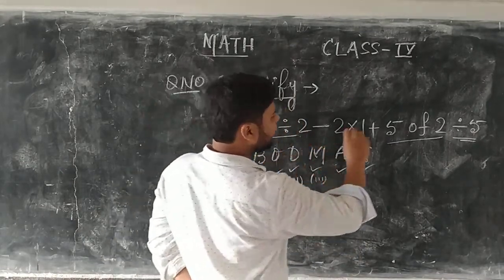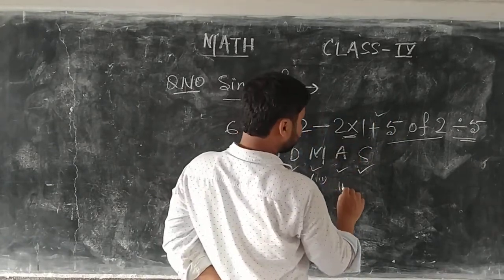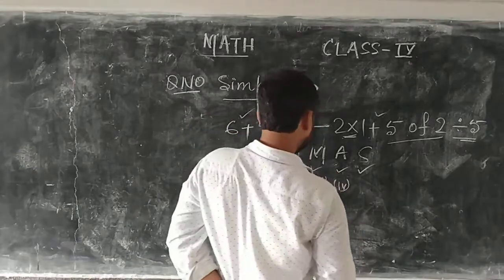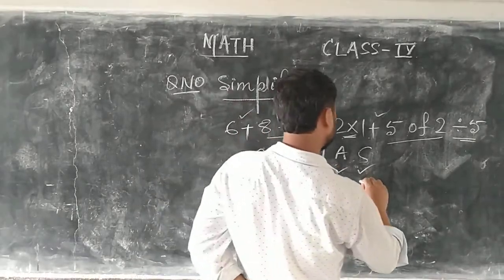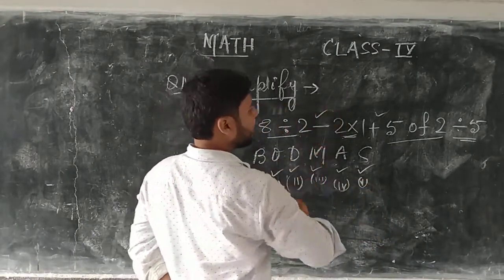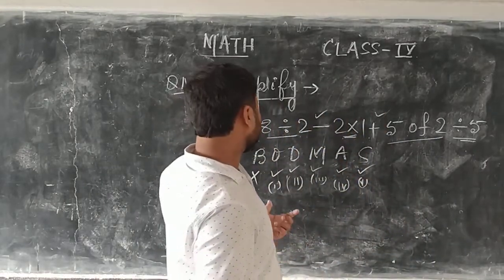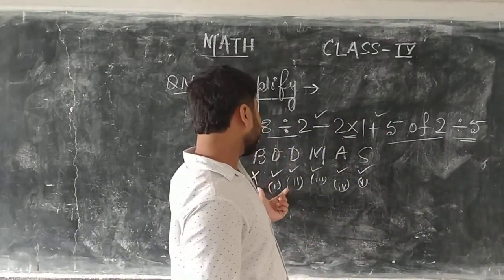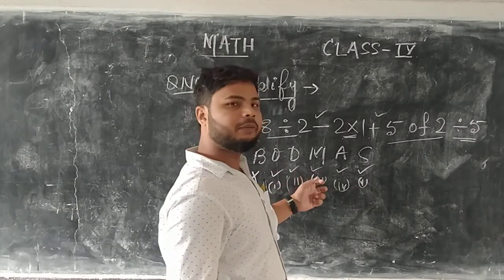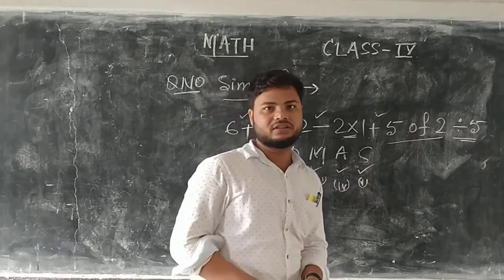Here addition given and here addition given, means fourth step will be addition, and last step will be subtraction, means fifth step. Here subtraction given, only one. So first work will be of, after that division, multiplication, addition and subtraction.